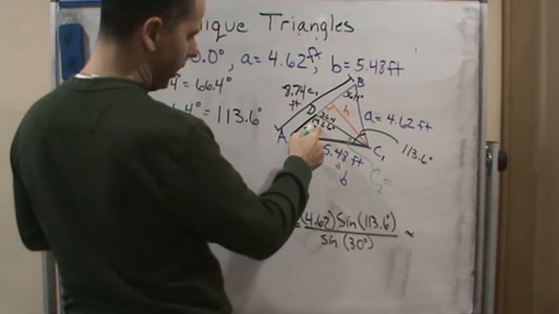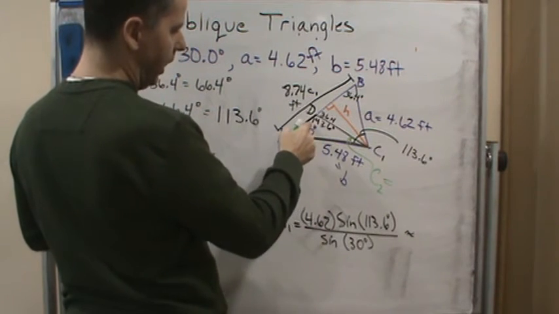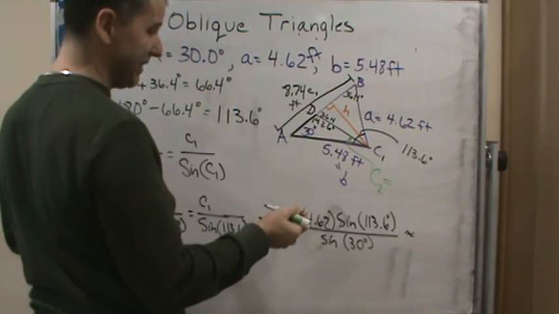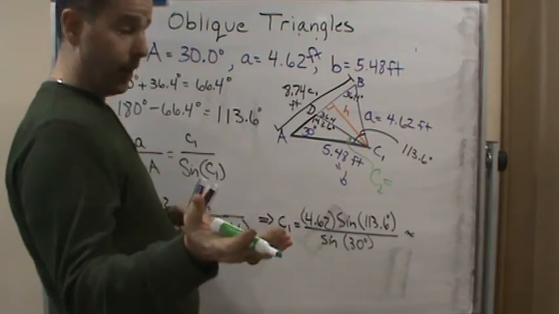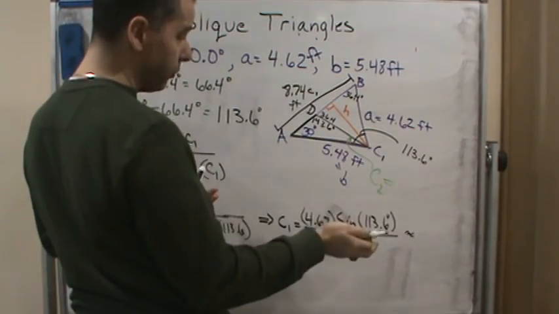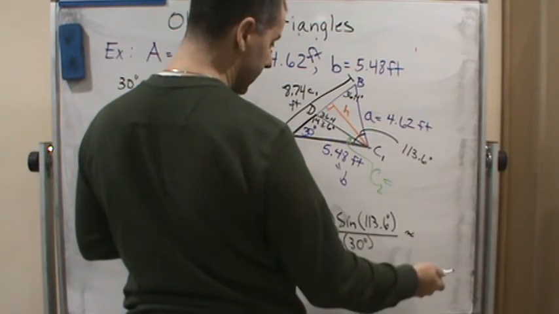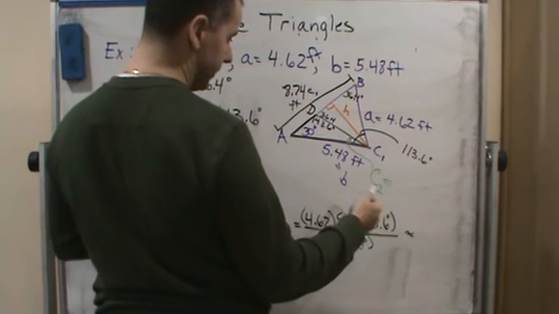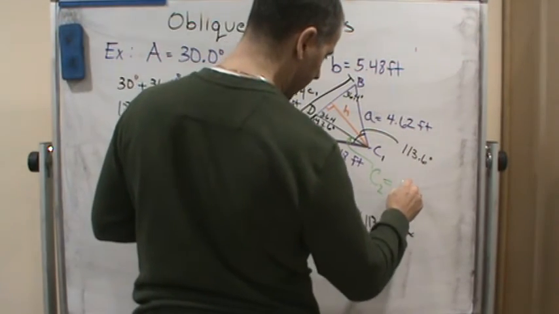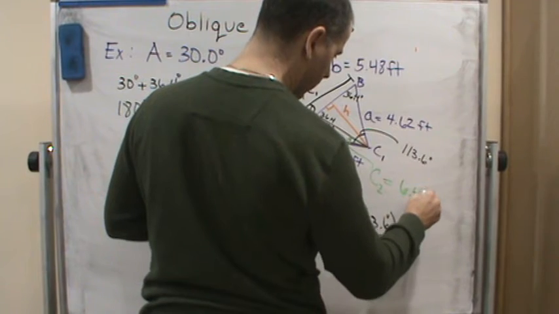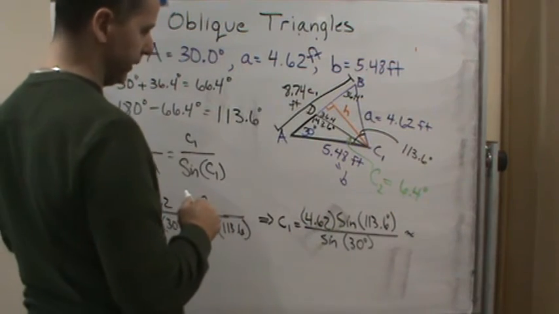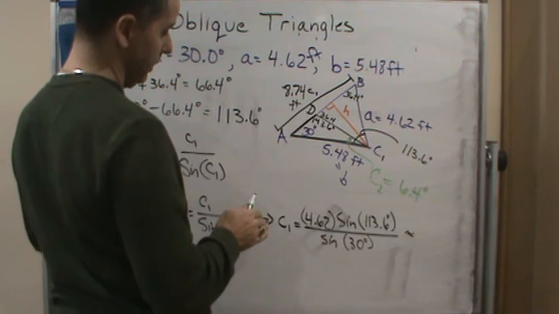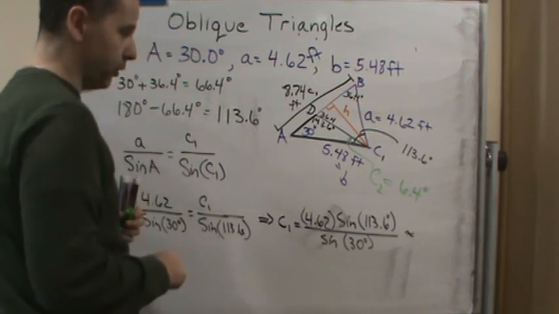Well, if I take 143.6 and add 30, that's going to give me 173.6, which means if I subtract that from 180, it's going to give me 6.4 degrees. Is that right? What do you think? 173.6, 6.4, yep, 6.4 degrees.